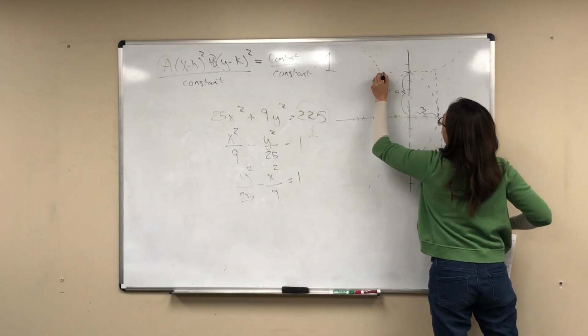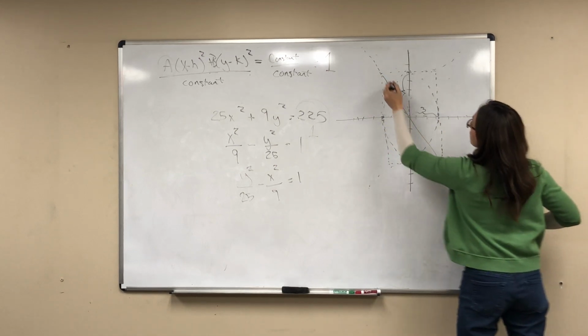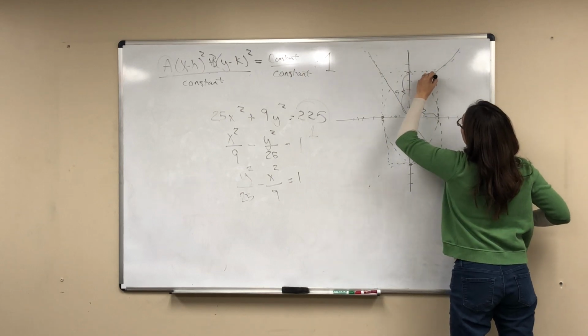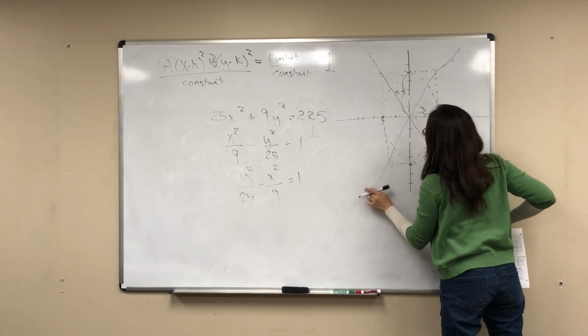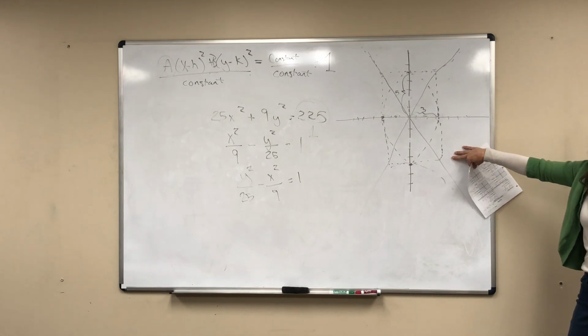There's a special name for the lines that go through each corner and the center here. These are called asymptotes. This is how you graph a hyperbola.